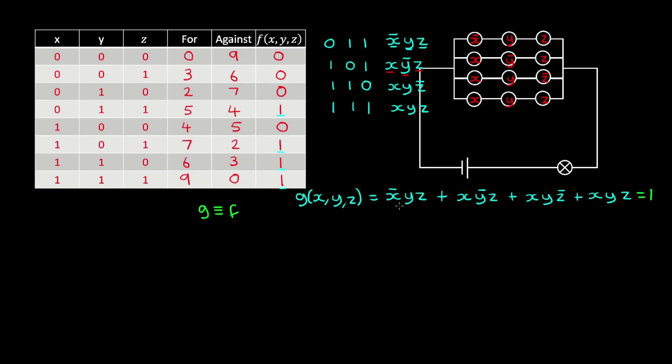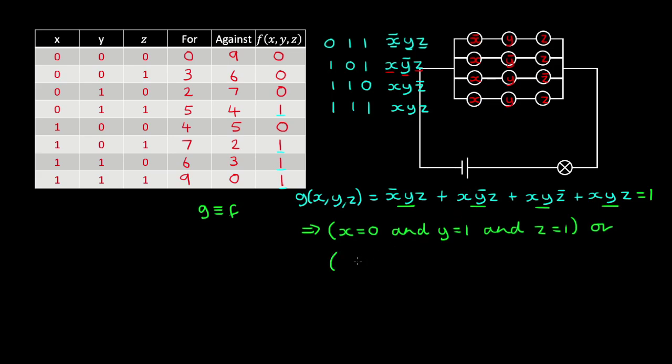In other words, when either one of these expressions is true. So therefore for this first expression, we have x equals 0 and y equals 1 and z equals 1. And then we have an or.